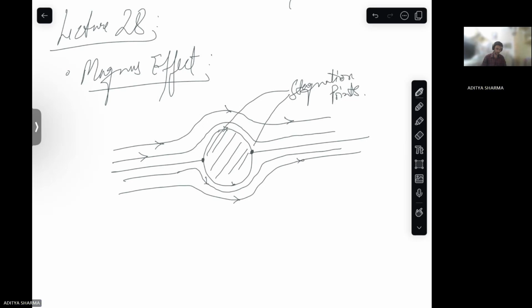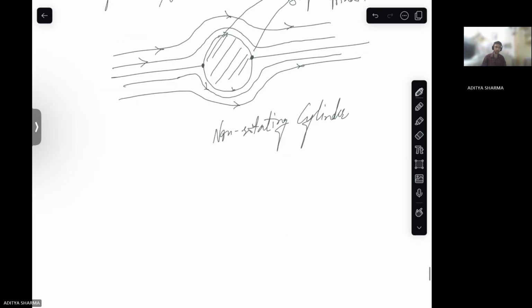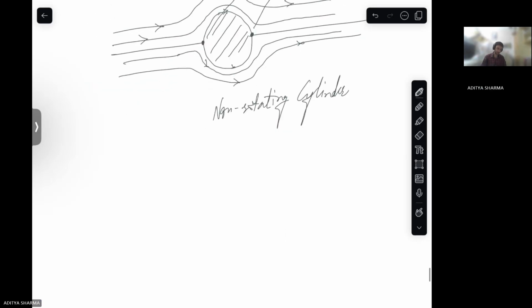Here, the cylinder is not rotating, but what will happen if your cylinder starts rotating?